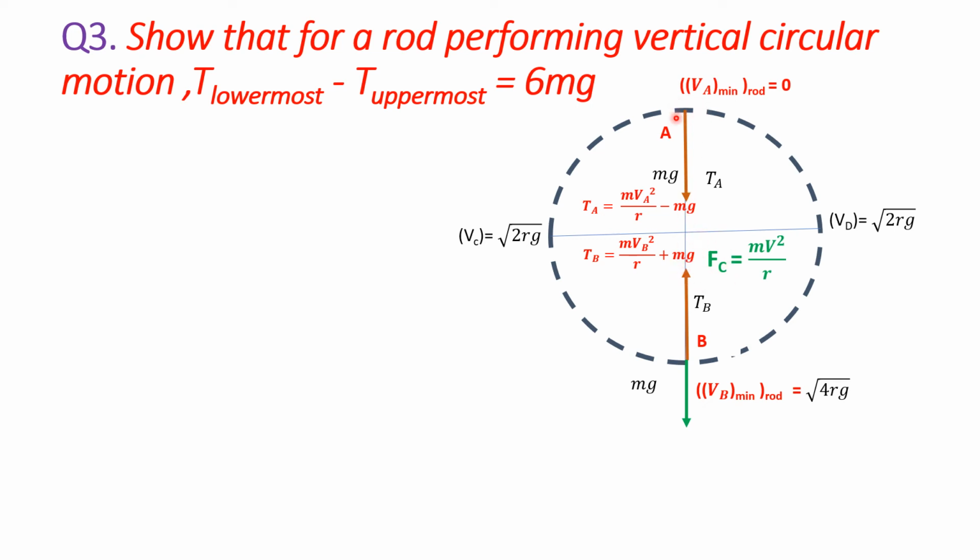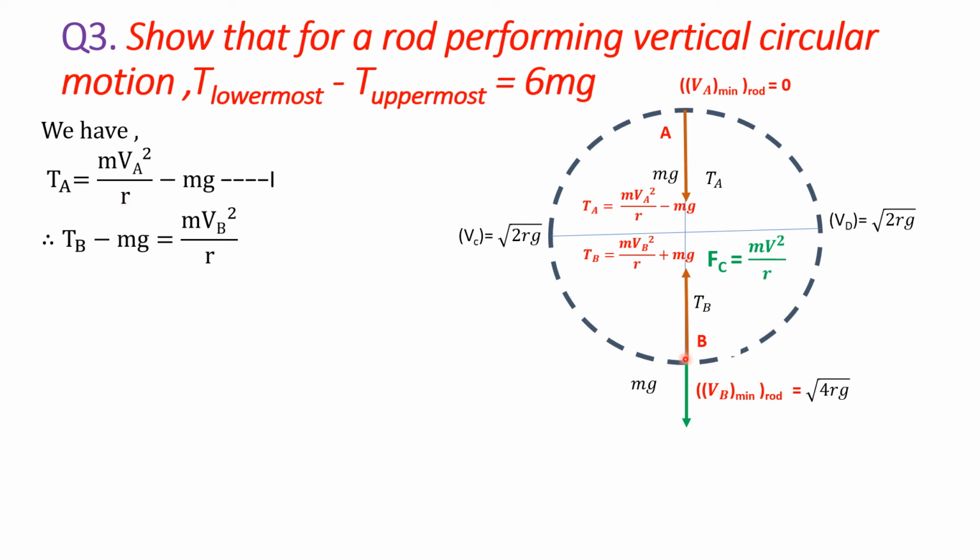So from point A, we can write equation 1 as Ta is equal to m Va square upon r minus mg. Here this m Va square upon r is nothing but the centripetal force.